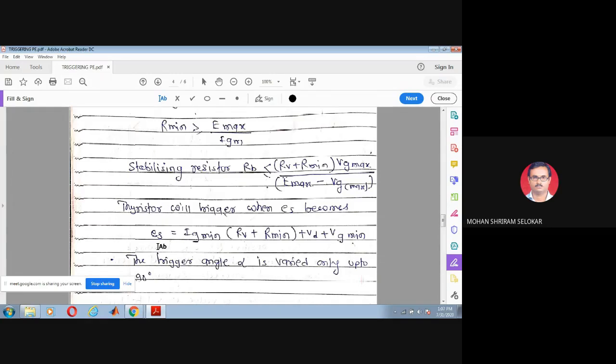degree. This is a very important statement. Look, the peak of the input signal is achieved at 90 degree.